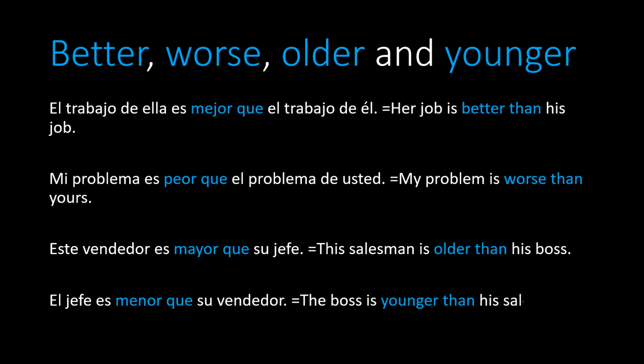In the second example, you see, mi problema es peor que el problema de usted. Peor is the special word that means worse. In the third example, este vendedor es mayor que su jefe. Mayor is a special word that means older. And in the last example, el jefe es menor que su vendedor. Menor is also a special comparative word meaning younger.